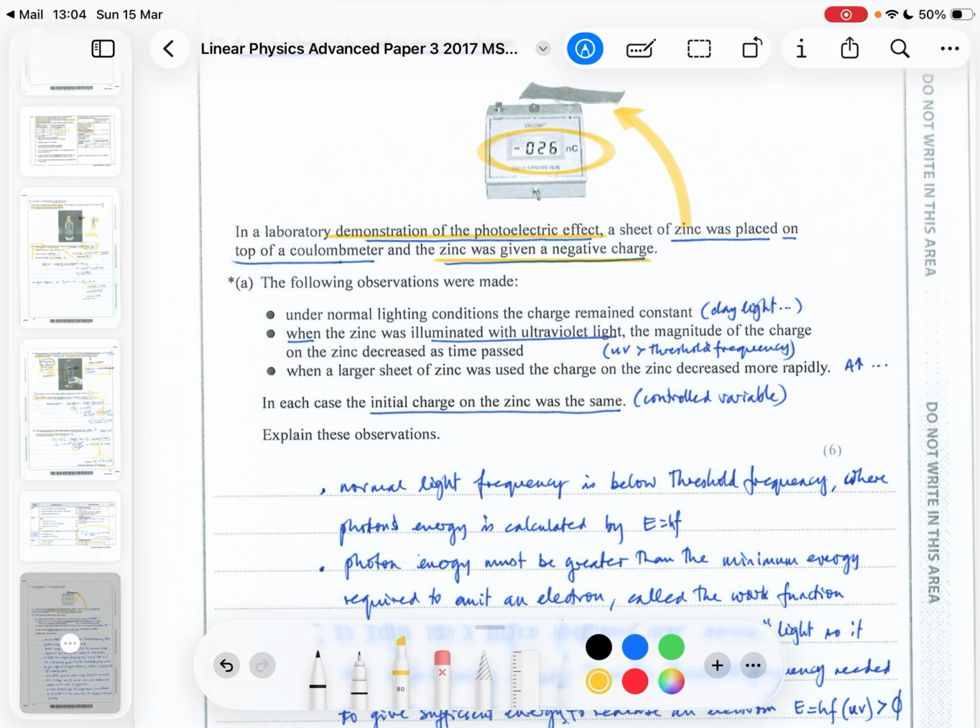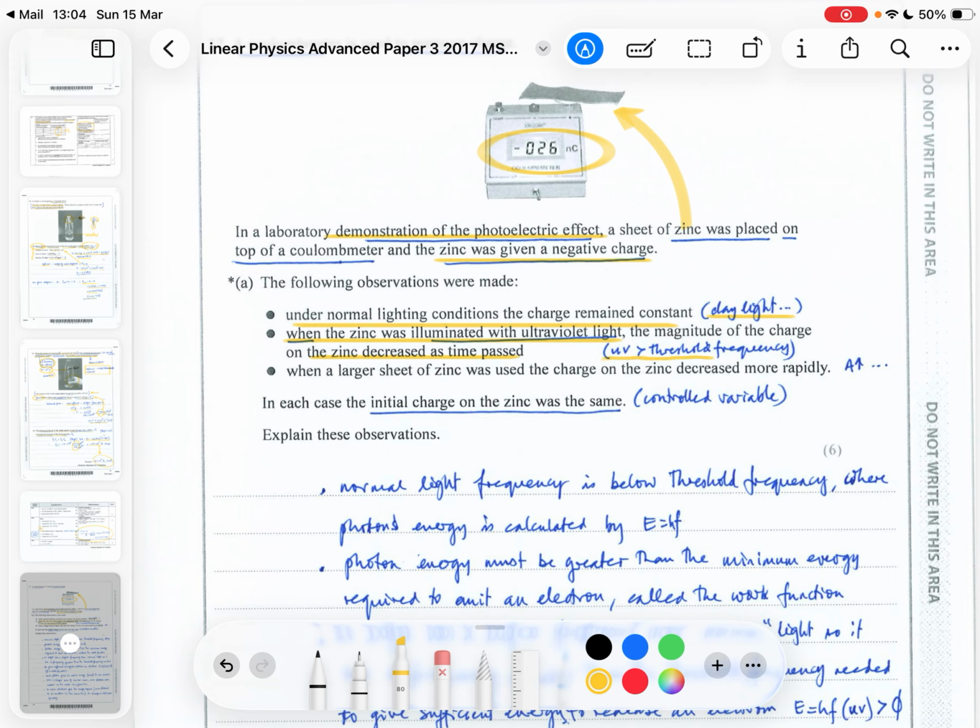So how did it happen? Under normal lighting conditions, the charge remains constant. So normal lighting conditions like daylight, so mostly visible light. When the zinc was illuminated with an ultraviolet light, the magnitude of the charge on the zinc decreased because you're releasing electrons, photoelectric effect.